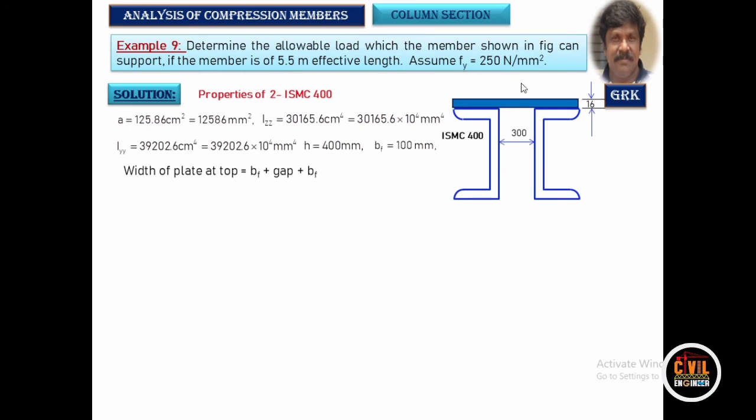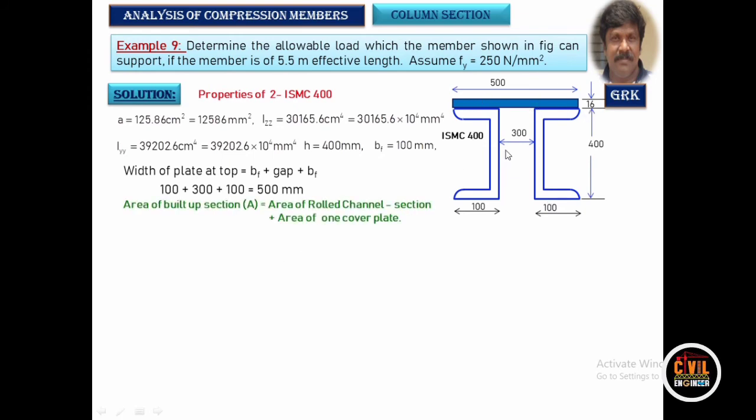So I know now this is 100, so that I can get the length of the plate or width of the plate, whatever you call. It's breadth of the flange, BF, plus the back to back spacing, plus the breadth of the flange. It works out to be 500 mm, 100 plus 300 plus 100, 500. Now the size of the plate is 500 by 16.